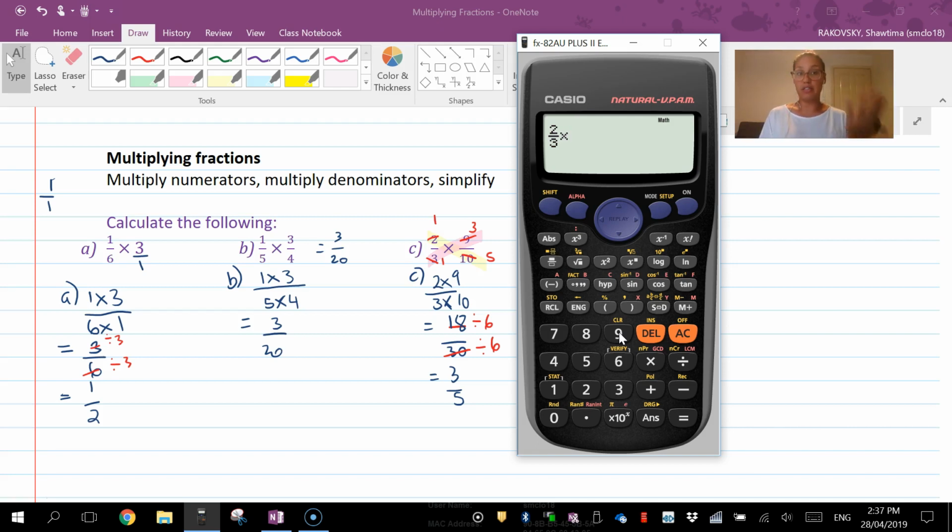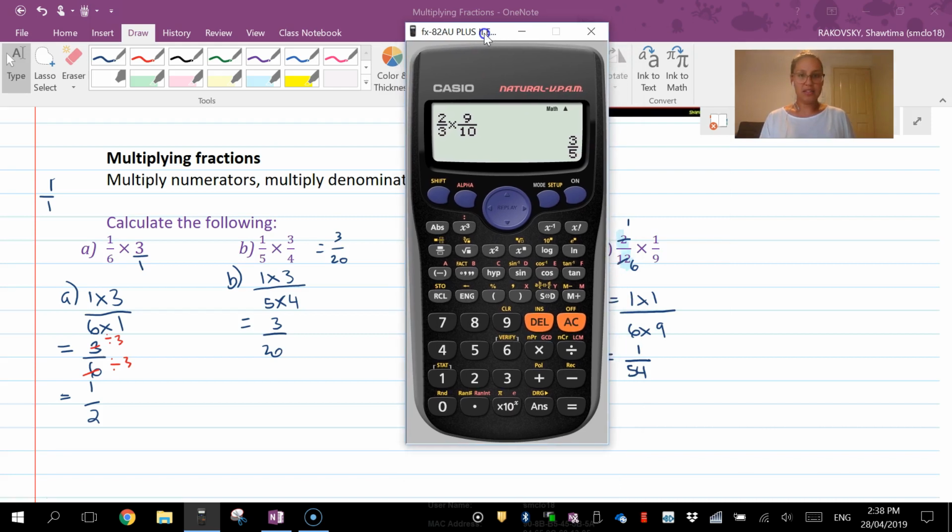You could possibly use this to check while you're learning how to do this skill. Then, 9 over 10, and if we press enter, it's going to give us 3/5. That'll help out as well. Remember, if you hit this button, it will give you a decimal form. So that is how you input it into your calculator, and that's all good.